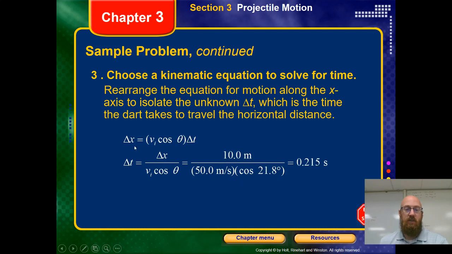Easiest equation, delta x equals the velocity times cosine of the angle times t. The problem is we don't have t, but we do have x. Resort it. This means the dart is going to be shot for 0.215 seconds. Also, the banana is going to, in theory, fall for 0.215 seconds.